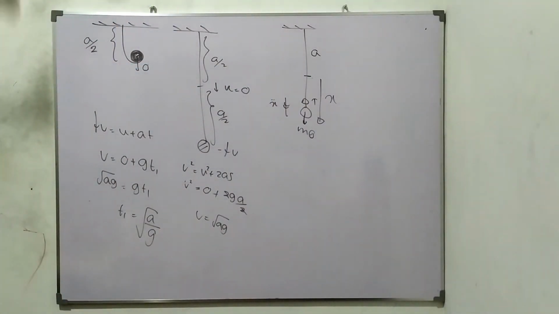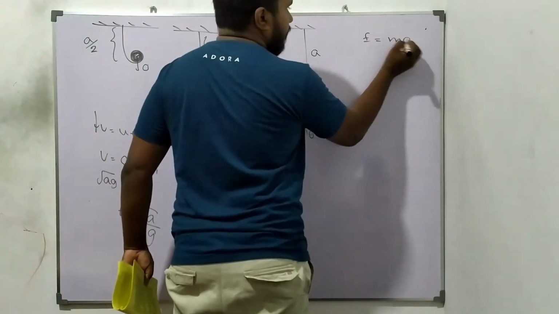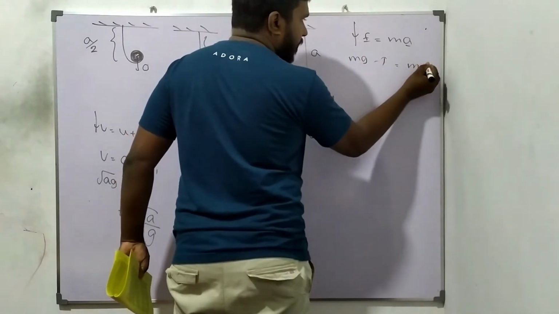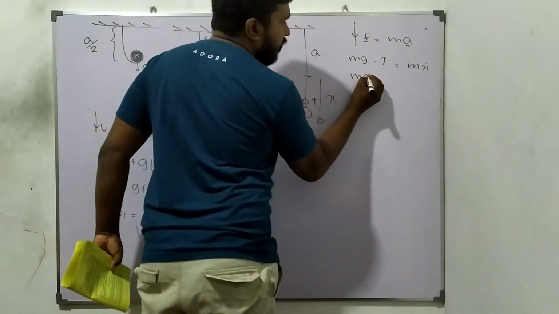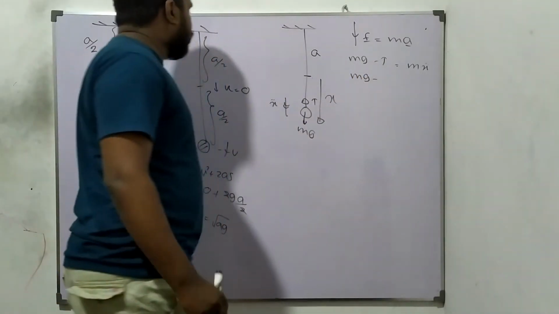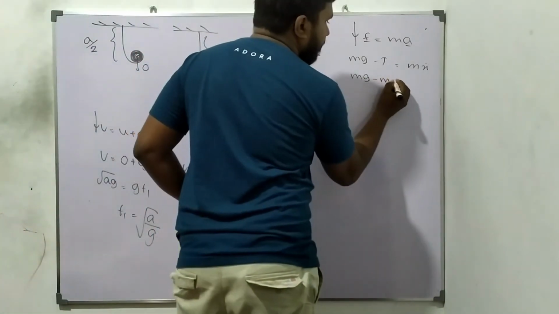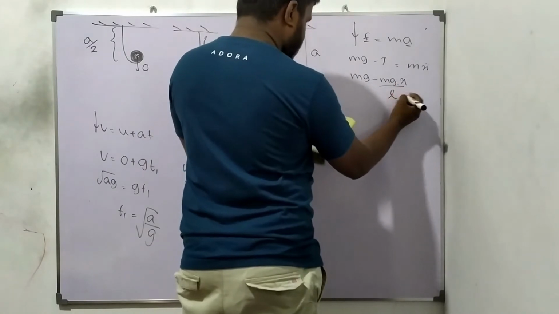So we can apply F equals ma now. Downward, mg minus T equals m x double dot. T, using Hooke's law, is lambda e over L, where lambda is mg, e is x, and the natural length is a.